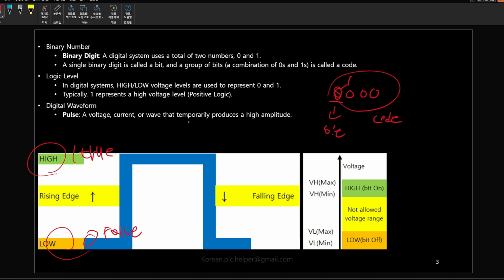Voltage levels commonly used are 5 volts, 24 volts, and 48 volts.